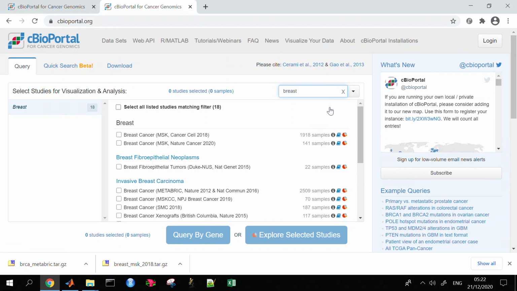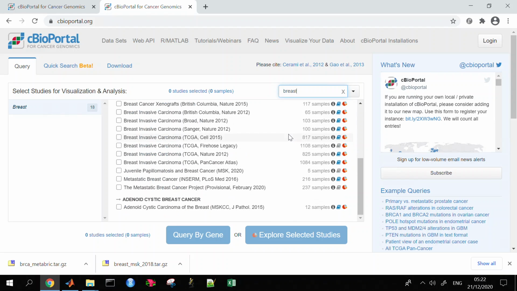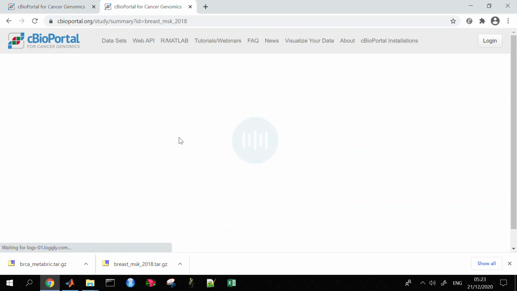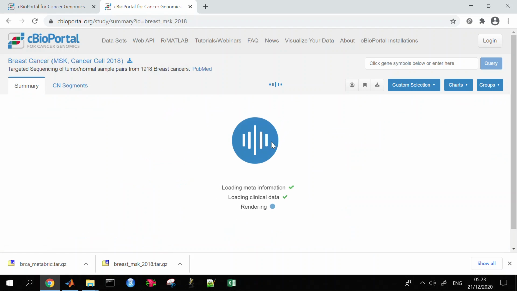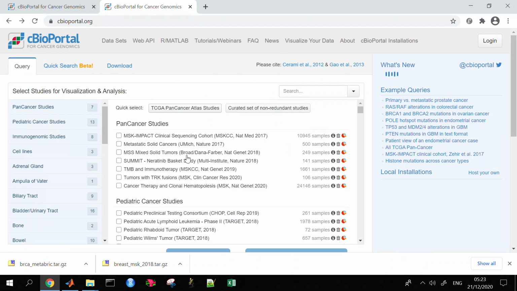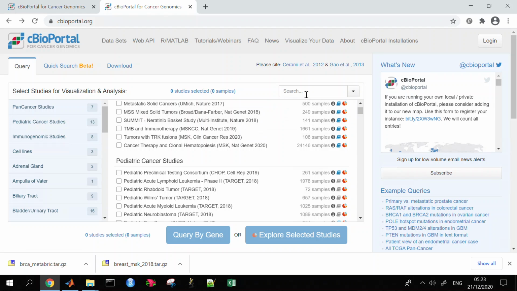a certain cancer, like breast cancer, and try to search for a dataset that has many patients in it. For example, this dataset, which I already downloaded, and oops, we need to search again.